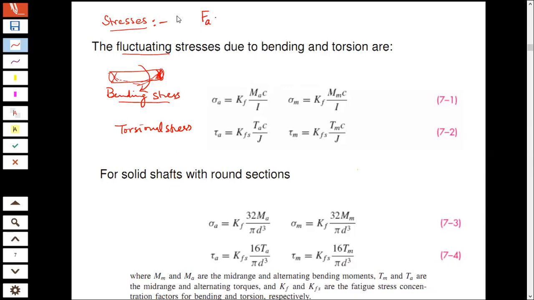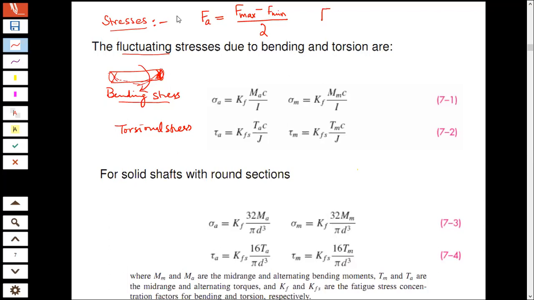So the alternating force is represented by Fa, and that is equal to F max minus F min, because the force fluctuates between these two, divided by 2.